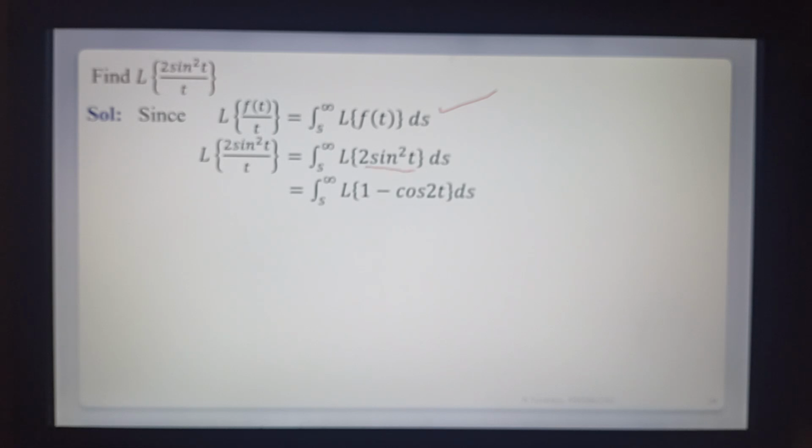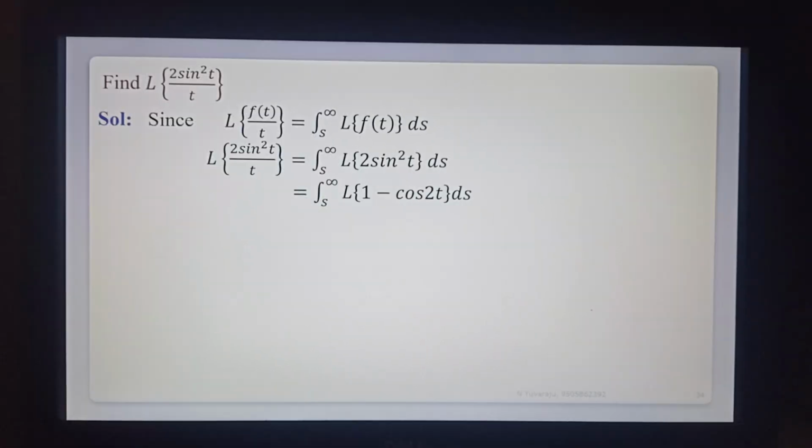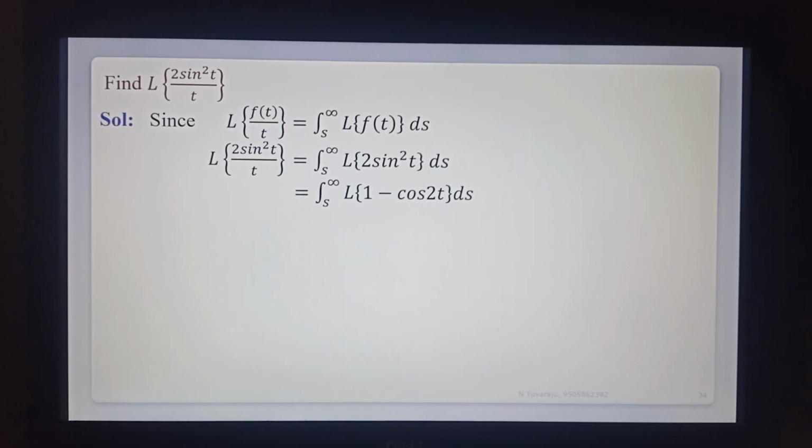This is a second degree expression, converted to first degree: 1 minus cos 2t. So that is equal to the integration from s to infinity of L of 1, which is 1 by s, minus L of cos 2t, which is s by s square plus 4.